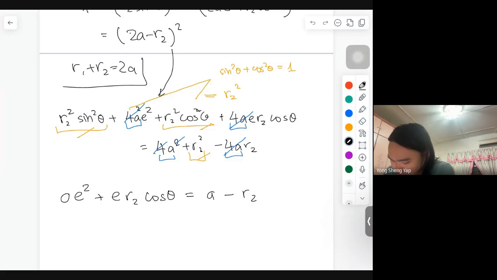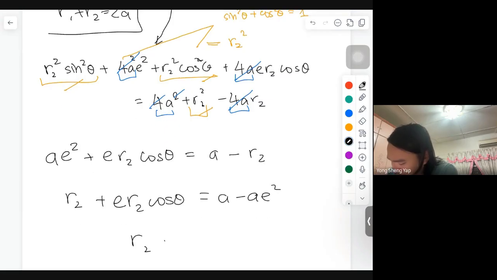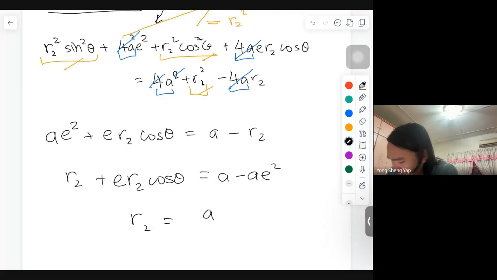Yeah, so there's an a e squared over here. Sorry. Yeah, that makes a little bit more sense in terms of dimension. So we have r2 plus e r2 cosine of theta equals a minus a e squared. So r2 must be equal to a times 1 minus e squared divided by 1 plus e cosine of theta.